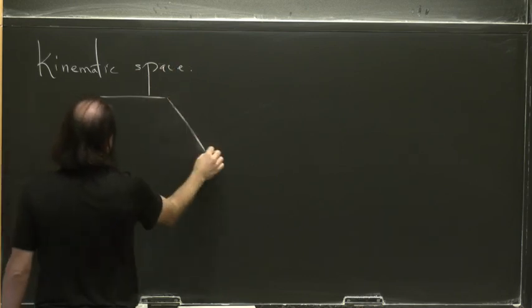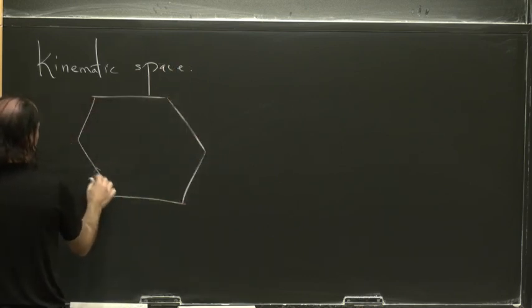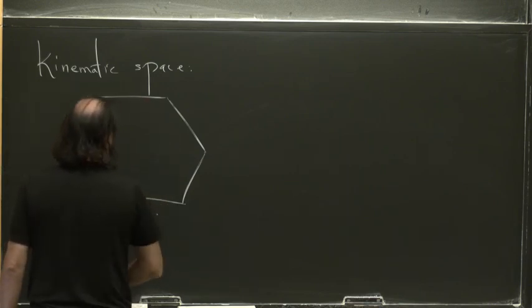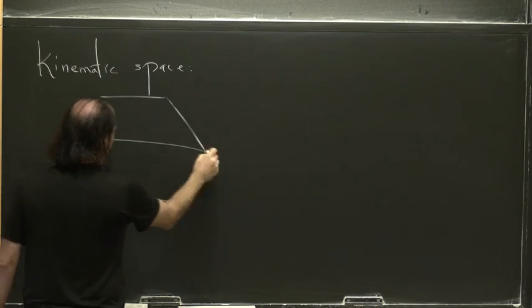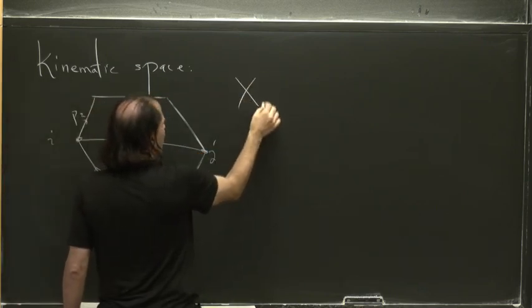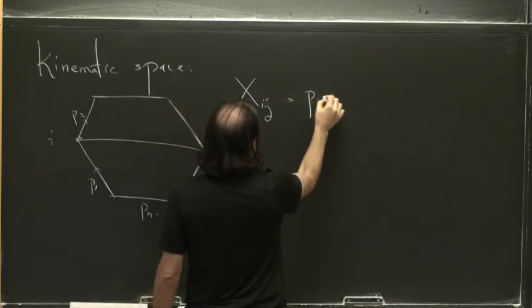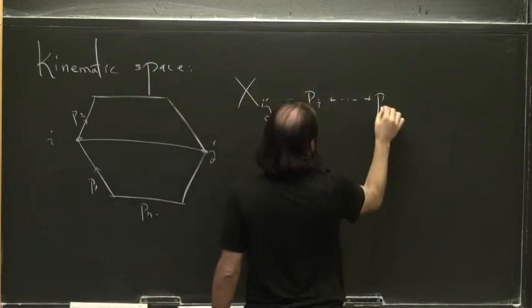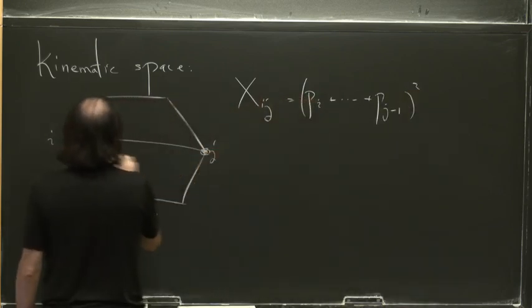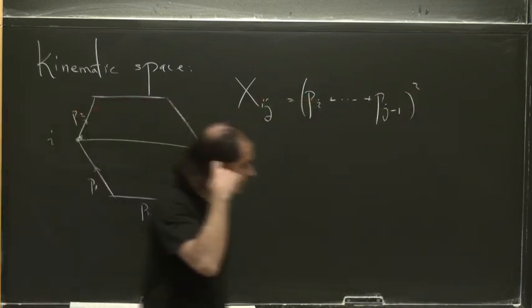So as usual, we have n particle scattering. We have our ordering, and we defined these variables from i to j, xij, which are pi plus ... plus pj minus 1 squared. So these are chords on our favorite polygon.